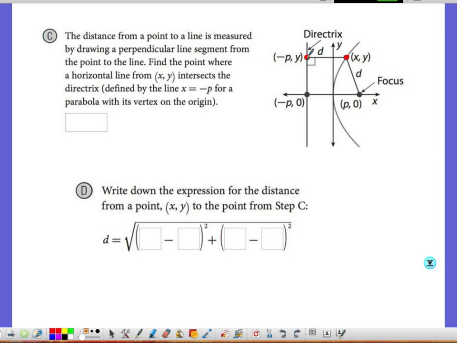So here's the point right here. This lies exactly on the directrix, and so that point goes right here, (-p, y). Write down the expression for the distance from a point (x, y) to the point from step C. So basically, again, we're using (x, y). This time my x2 is going to be -p.